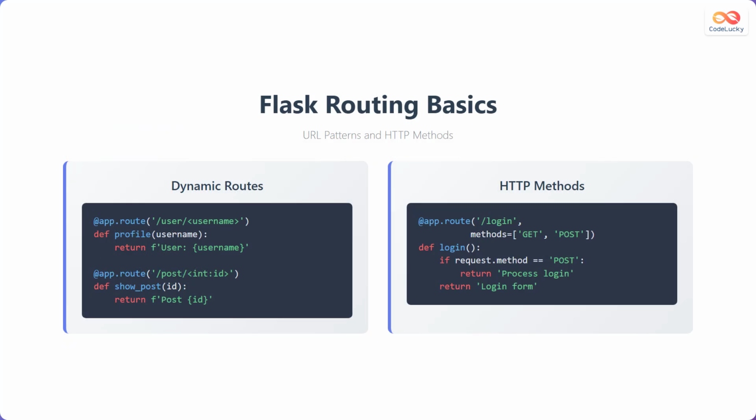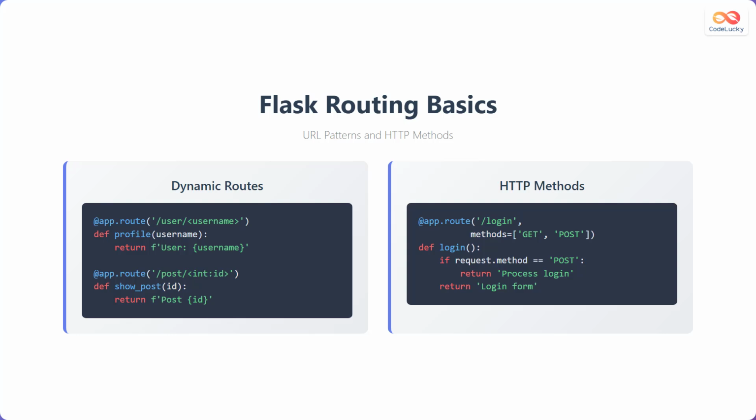Flask routing is the mechanism that maps URLs to Python functions. Dynamic routes allow you to capture variable parts of the URL and pass them as function parameters. For example, /user/<username> captures any value after /user and passes it to your function as the username parameter. Flask also supports type converters like <int:id>, which automatically converts the URL segment to an integer and validates it.